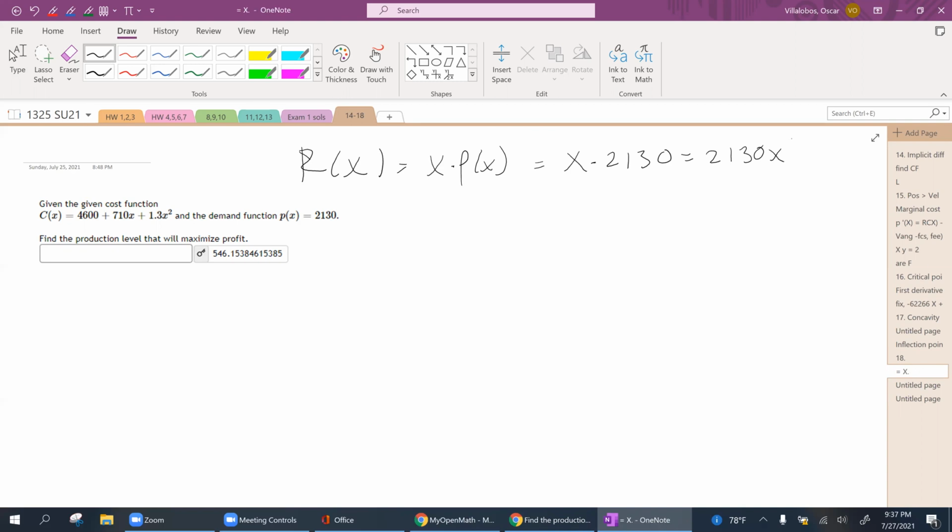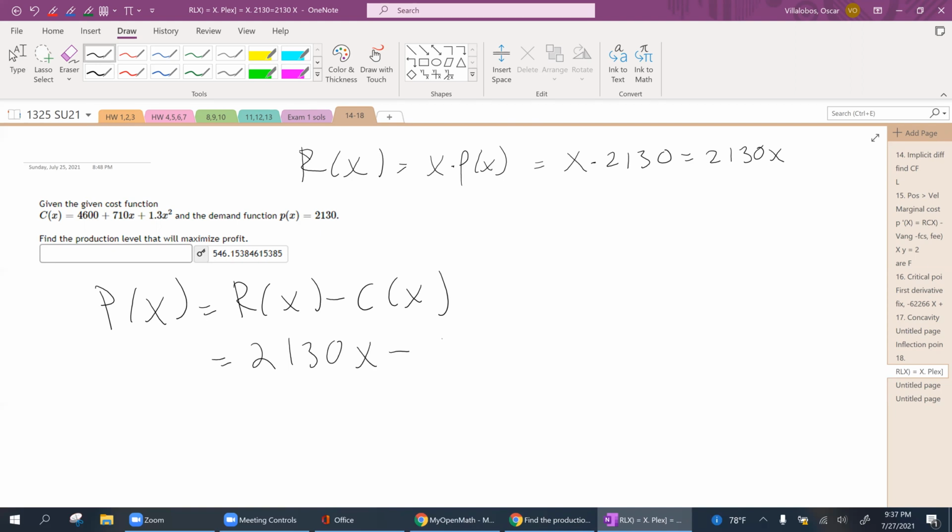That is my revenue function. To find profit, what do we think that is? Yes, that is revenue minus cost. So my profit here would be 2130x minus the cost function.